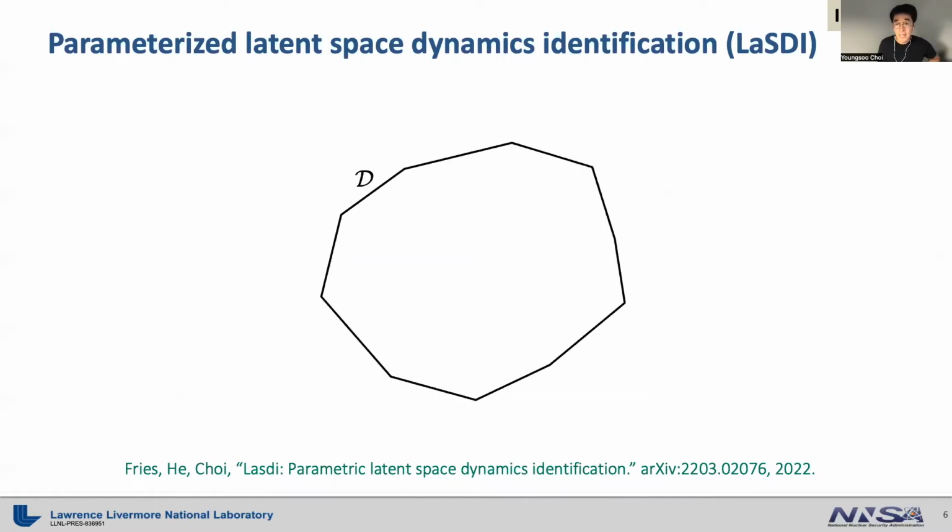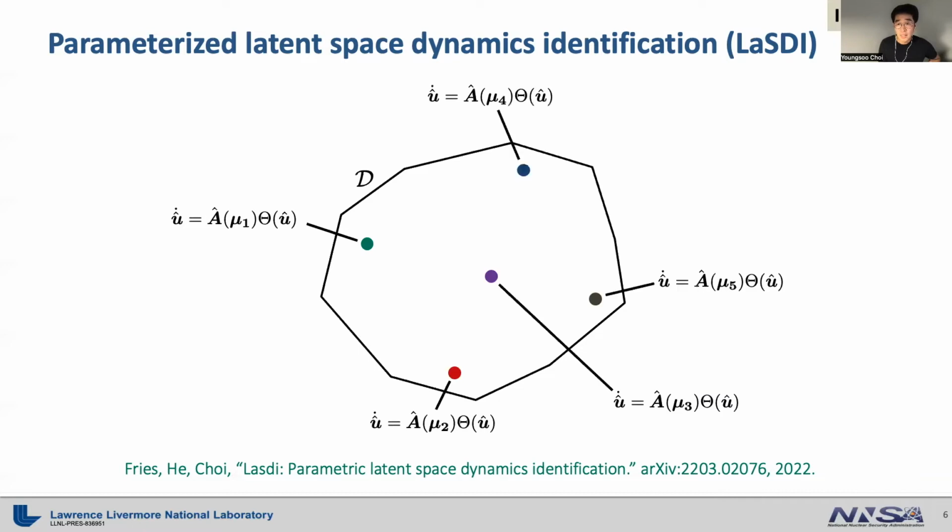Here is a parameter space D. For each training parameter point, for example parameter point mu1, we can build a tailored ODE that best describes the latent space dynamics at that point. Note that the coefficient matrix A hat depends explicitly on mu1. We can do the same thing for mu2, mu3, mu4, mu5, and so on.